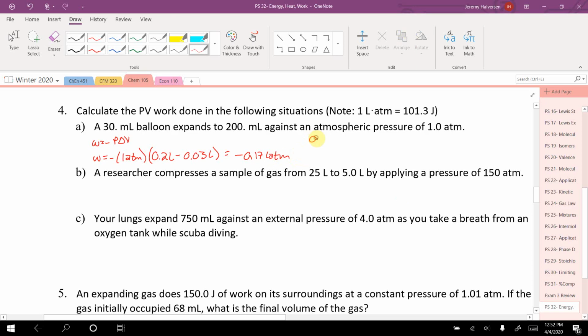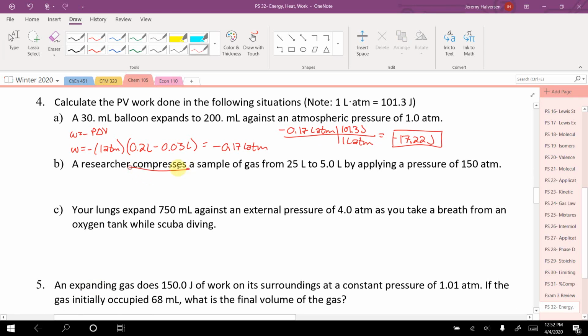And let's get it to joules, though. They give us the conversion here: 1 liter atmosphere is 101.3 joules. And so I get a value of negative 17.22 joules. We know it should be negative because my balloon is expanding.